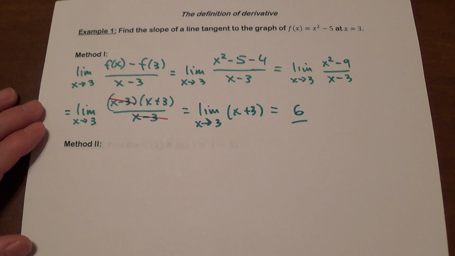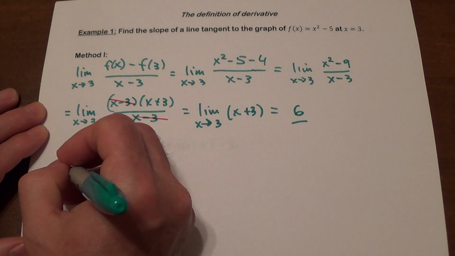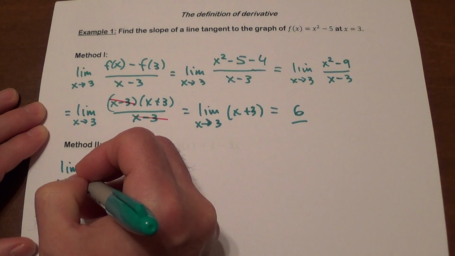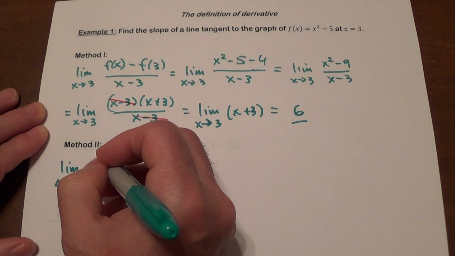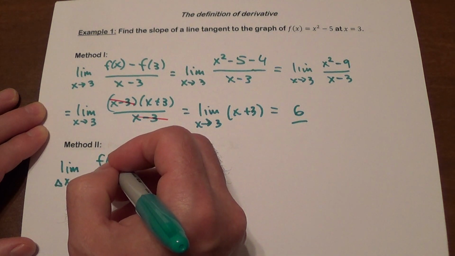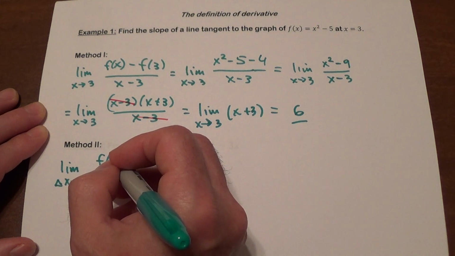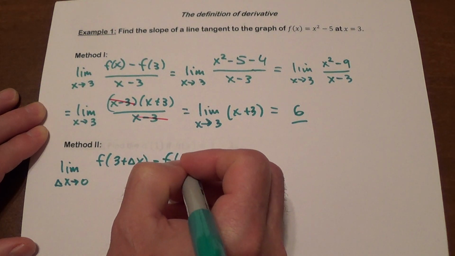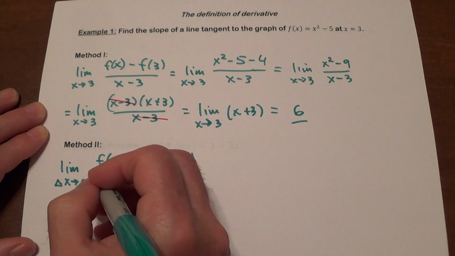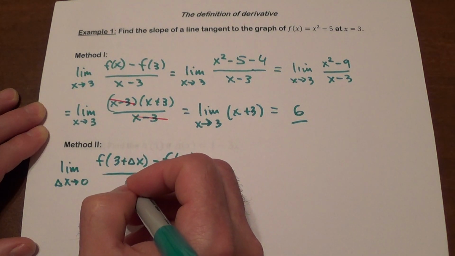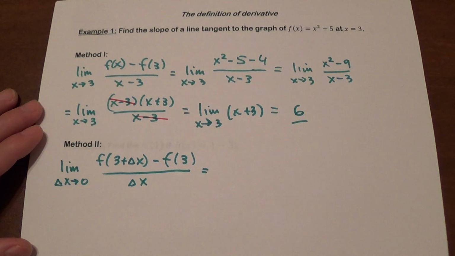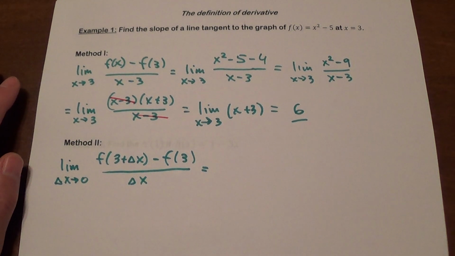Okay, the other method, we just want to show you that the other method will produce the same result. So here we're going to have the limit as delta x approaches 0 of f of 3 plus delta x minus f of 3 divided by delta x. So it's a little bit more advanced algebraically.